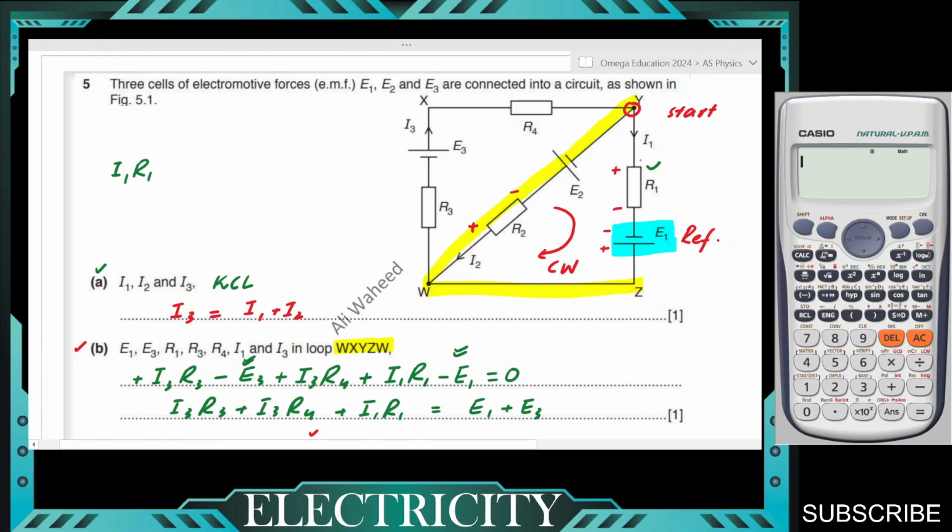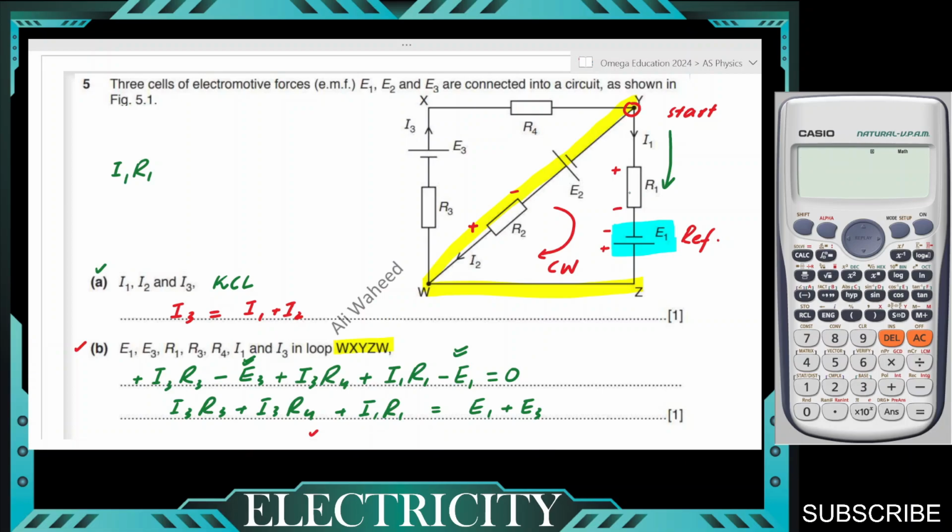Why with the positive sign? Because the direction of the loop we have assumed is clockwise, and we are moving down the line. So we are jumping from positive towards the negative. And the positive and negatives were marked previously with respect to the reference battery. And we have to follow that polarity now. We have to follow that convention.